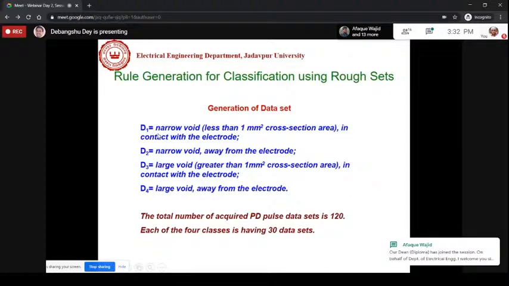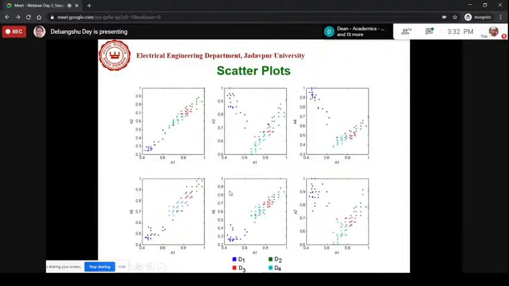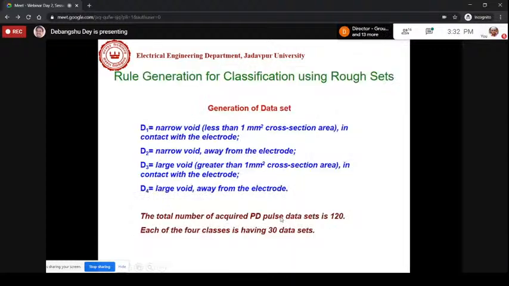What do the different colors mean? D1, D2, D3, D4: you can see there are 4 colors. D1 means narrow void in contact with the electrode, D2 is narrow void away from the electrode, D3 is large void in contact with the electrode, and D4 is large void away from the electrode.